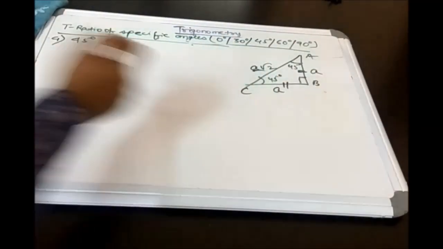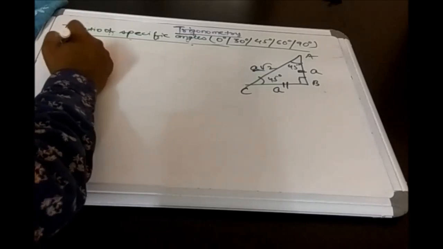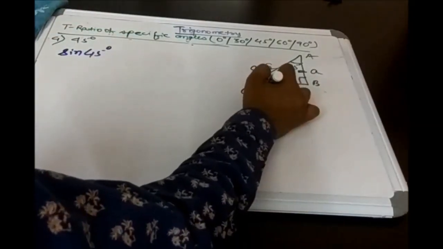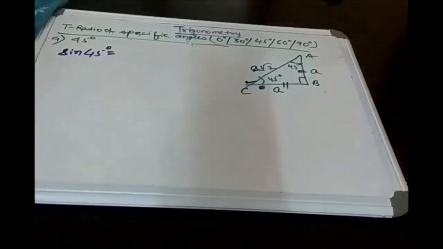Now we know the angles, we know all the three sides. Now it is very easy for us to determine the value of trigonometric ratio for 45 degrees. So we will take sine 45 degrees in respect of this angle. Sine 45 degrees will be perpendicular by hypotenuse.